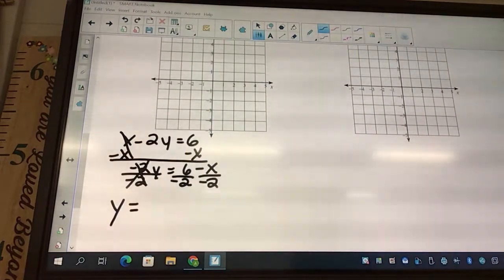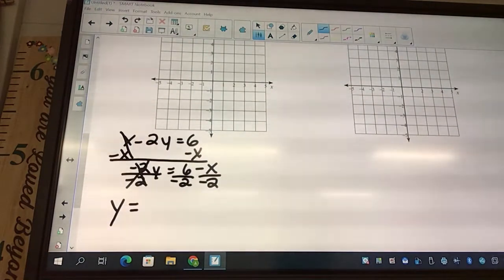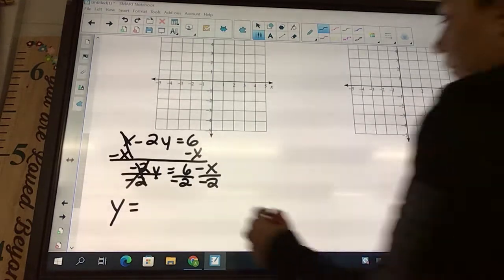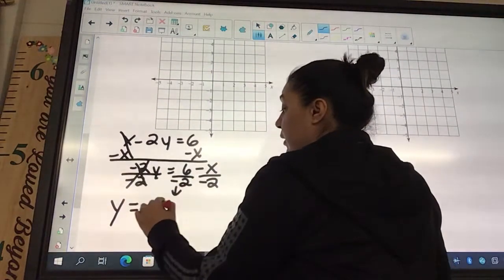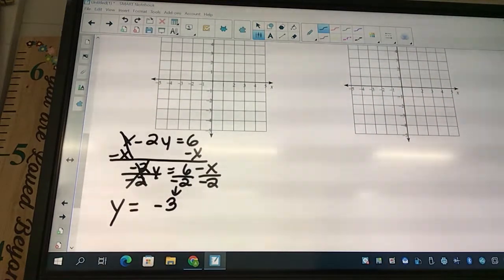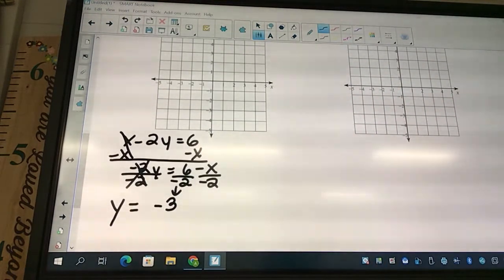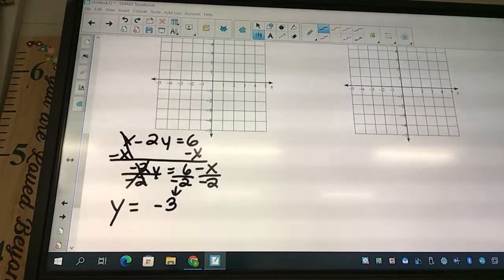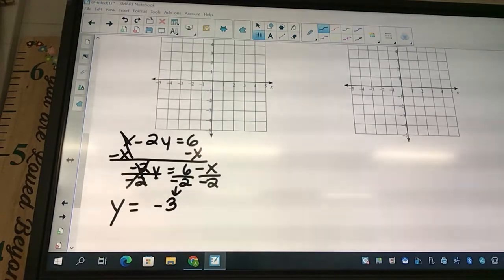Okay, what is 6 divided by -2? -3. So for this part, you're gonna get -3. Okay, and then for the other part, what are you gonna get? Close. 1/2.